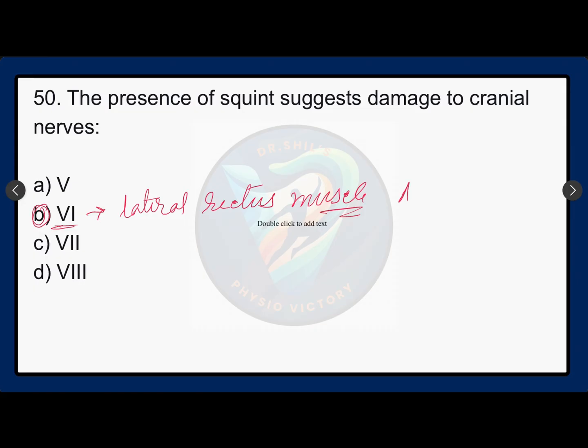So 6 is abducens nerve, supplies the lateral rectus muscle, which basically abducts the eye.